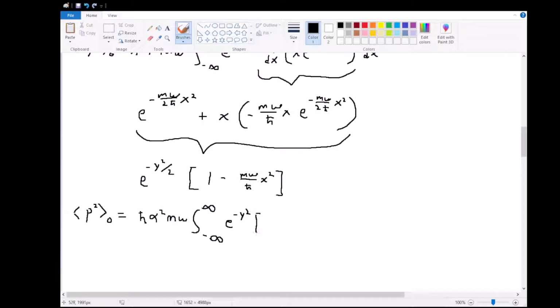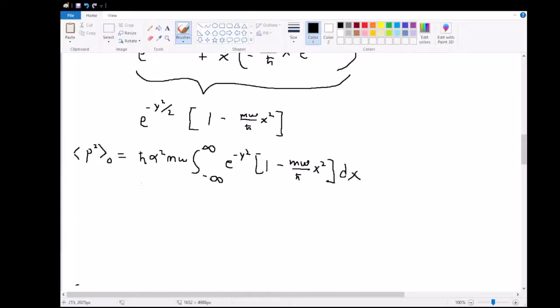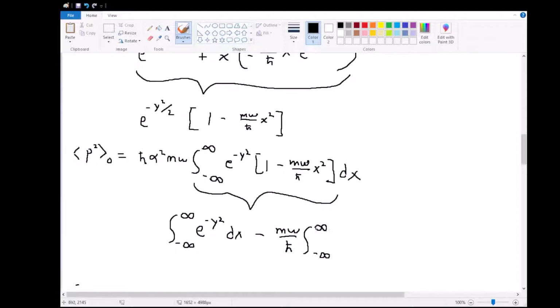And then we have this extra term of 1 minus m omega over h bar times x squared times dx. And now we just split this into two integrals. So this is going to be equal to the integral from negative infinity to positive infinity of e to the negative y squared dx, subtracted by m omega over h bar times the integral from negative infinity to infinity of x squared e to the negative y squared dx.